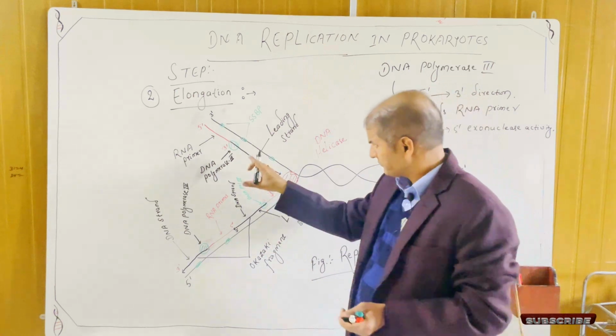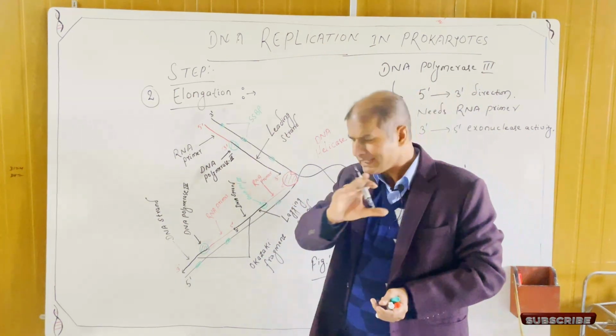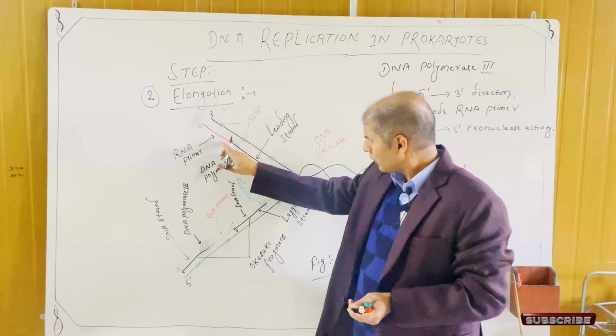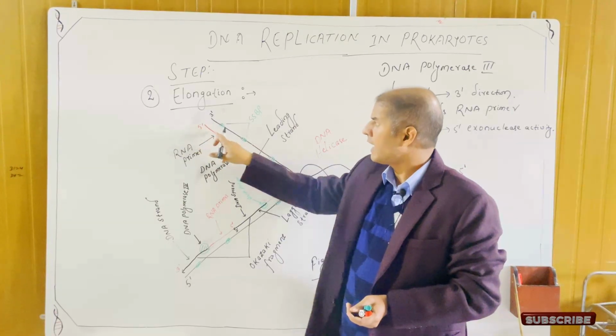So now, one drawback we can see here is that at the tail of this new DNA strand, there is RNA primer.